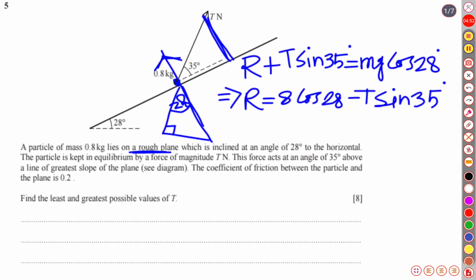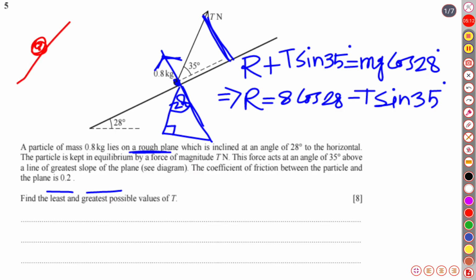The most important part of this solution is to understand what the least as well as greatest possible values of T actually mean. So let us analyze the scenario. Suppose this is the plane, and here is the particle.